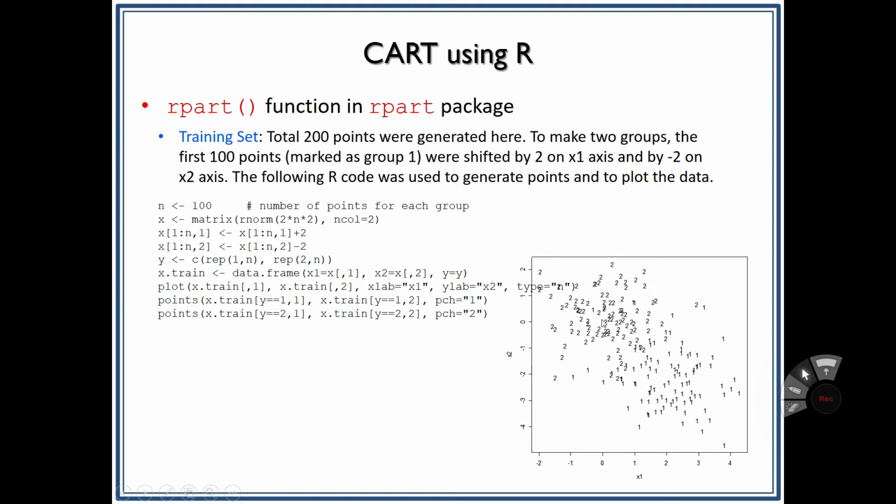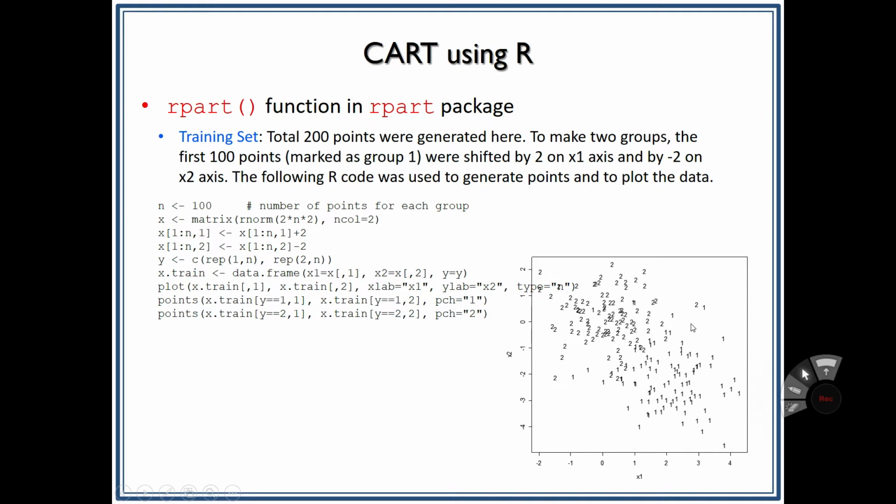And to make one group, marked as group 1, we shift the first 100 points by 2 on x1 and -2 on x2, so we move the center of the first group from here to here.